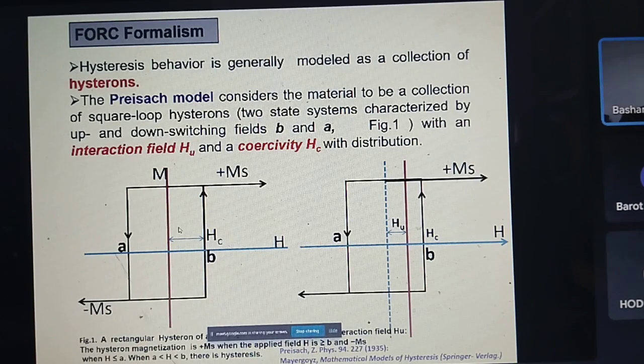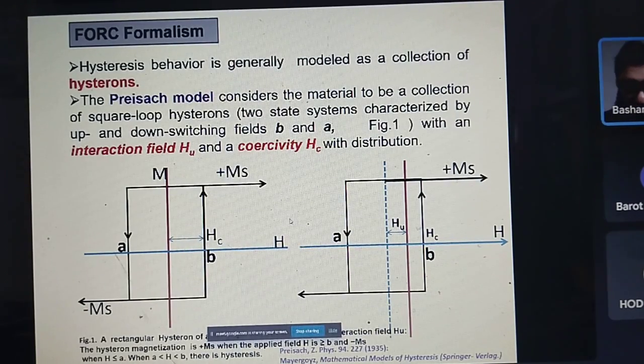This hysteresis curve is idealized, and each particle is now known as a hysteron. As you can see, it is symmetric. From the y-axis, that's the magnetization axis, the distance up to the switching field is called the coercivity. So you can see the coercivity is constant.